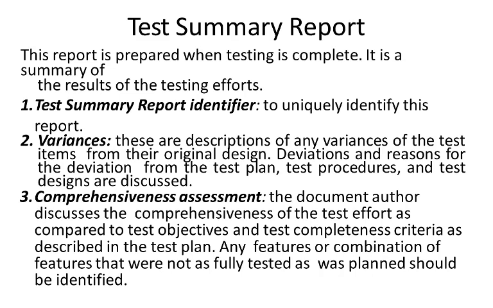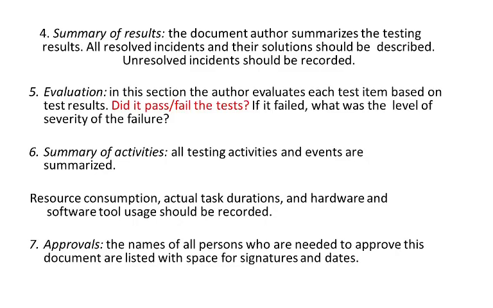The next one is the comprehensiveness assessment. The document author discusses the completeness criteria as described in the test plan, and what was fully tested as planned should be identified. The next one is the summary of results: summarize the testing results, and all resolved incidents and their solutions should be described.